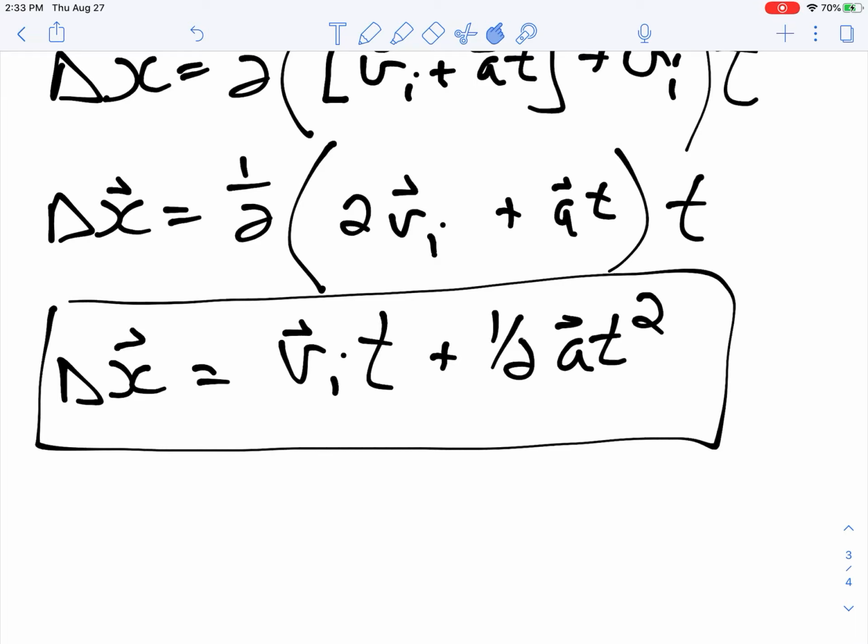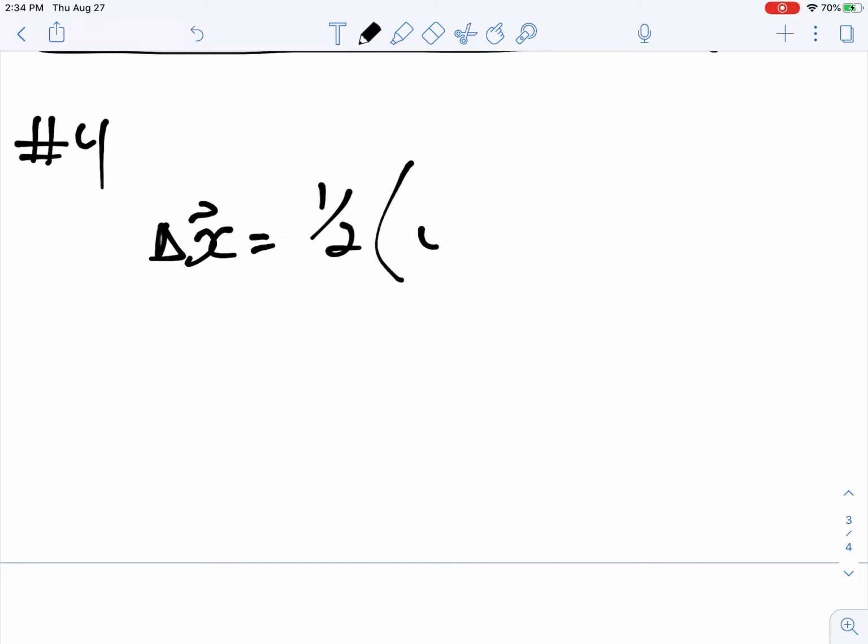Let's look at the 4th equation of motion. Number 4. I'm going to start off with that second equation again. So displacement equals 1/2 (V final plus V initial) T. This time I'm going to substitute for T. Last time I substituted here.